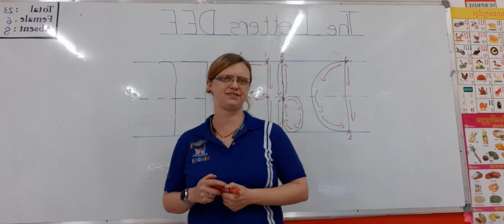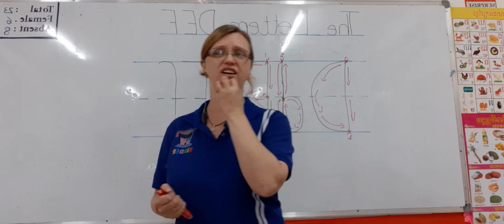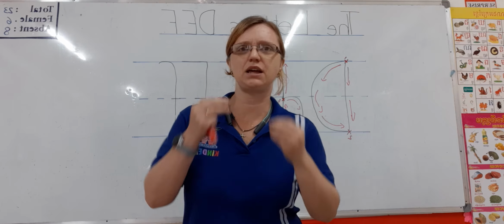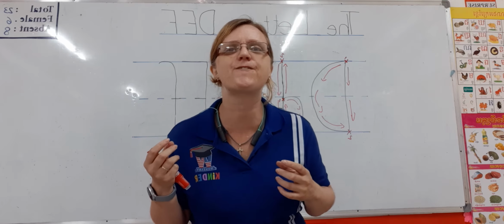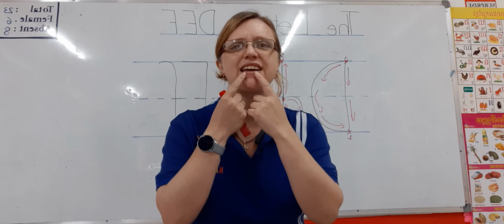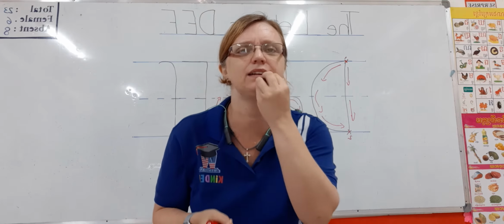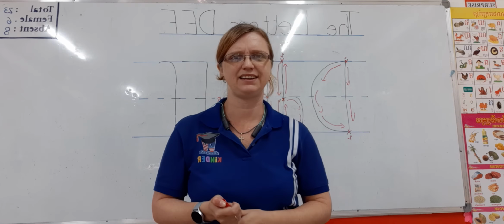Letter F. Now a letter F has got a very soft sound. And it makes a funny feeling in your mouth. Can you see how I bite? You bite on your bottom lip and it's like you're blowing.